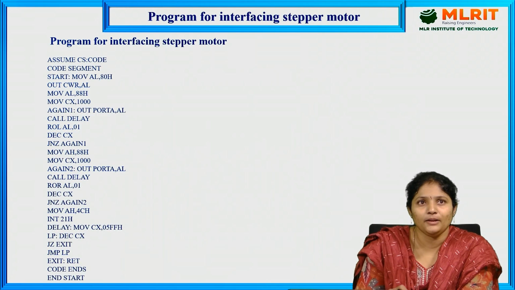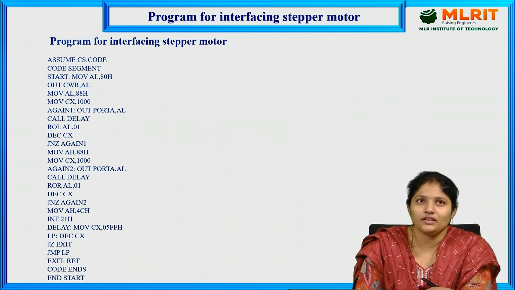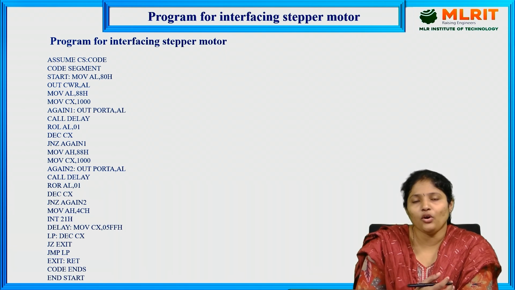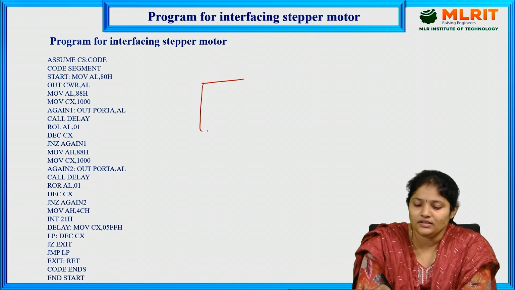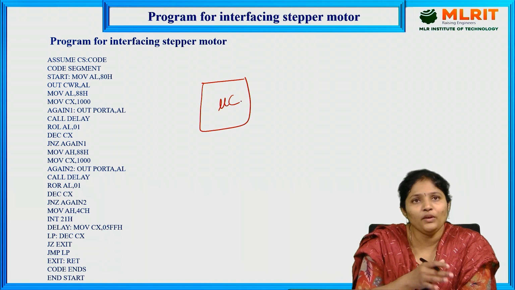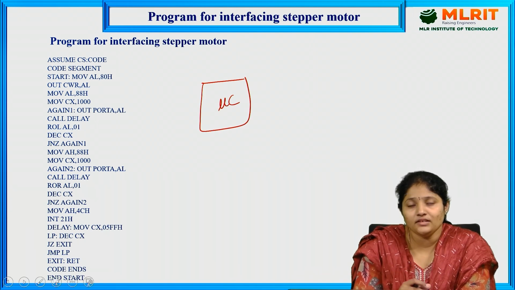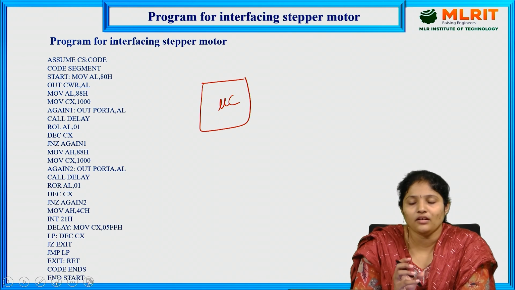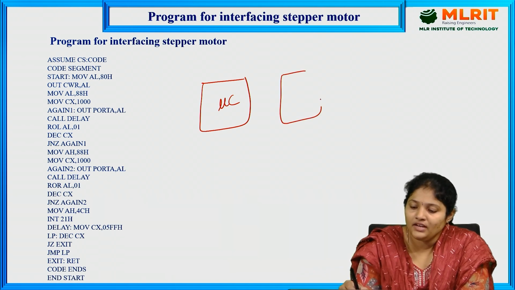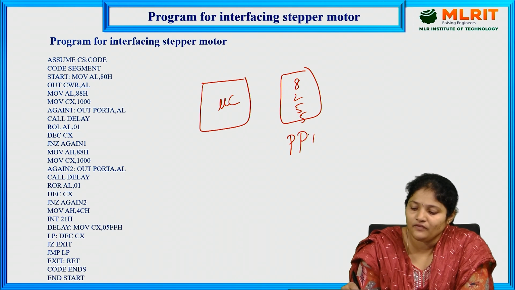Now see how to write a program for interfacing the stepper motor to the 8086. As I already told you, to interface a microprocessor to any input-output peripheral devices, it is necessary to use the 8255 PPI, Programmable Peripheral Interface.